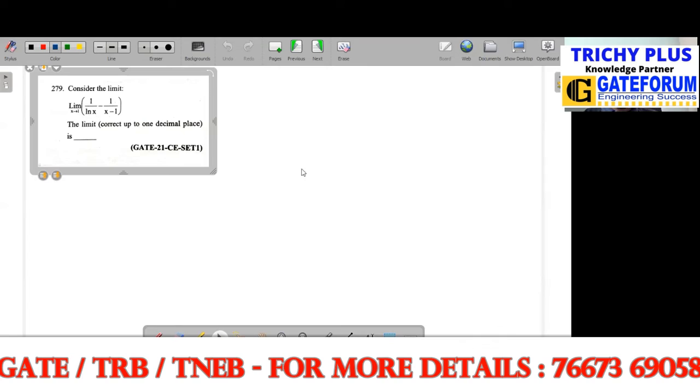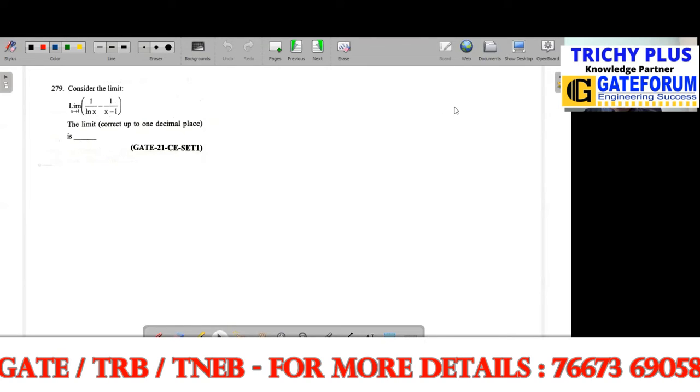So this is the question. Can you guys try this one? What is the form here? If you apply x tends to 1, what will happen? What form of indeterminate form are you getting?